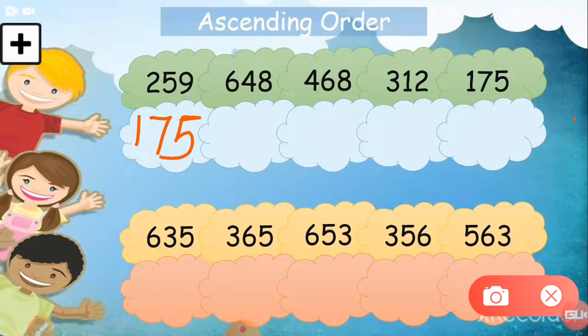Yes, this is the first number. I put a cross there, so we can now see these 4 numbers only. Between these 4 numbers, which one is the smallest now? Check the hundreds place. Yes, I know your answer, 259. This is also done.